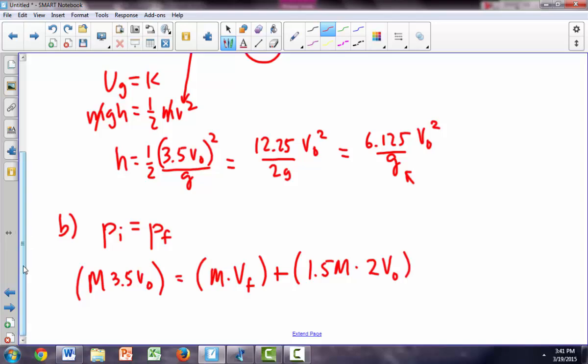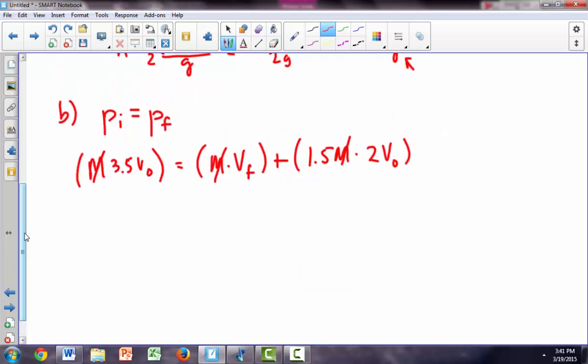So all my M's here are going to cancel out. All the terms have M in them. So 3.5 V0 equals Vf plus, looks like 3 V0, 1.5 times 2 is going to give me 3 V0.